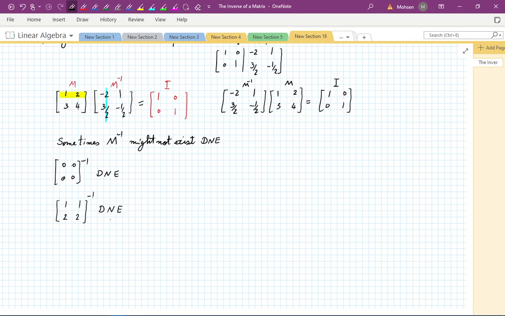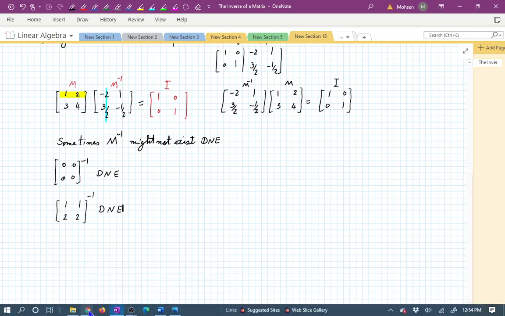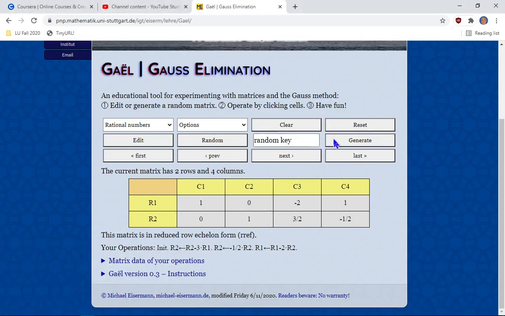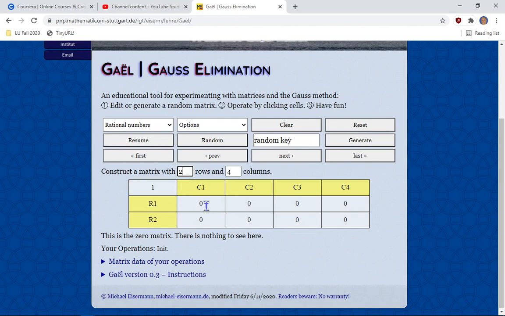So what happens here? Let's just go ahead and practice, see what goes wrong. So let's reset this, maybe clear this thing. I have to do edit, 1, 1, 2, 2, and then the identity.